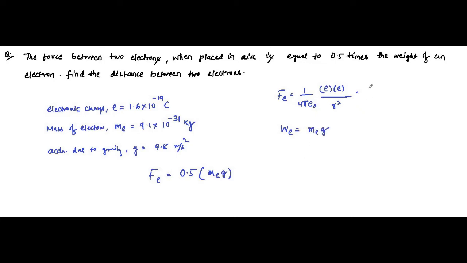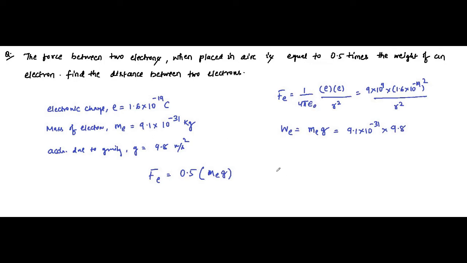This is equal to 9 into 10 to the power 9 into 1.6 into 10 to the power minus 19 whole square by r square. This is equal to 9.1 into 10 to the power minus 31 into 9.8.